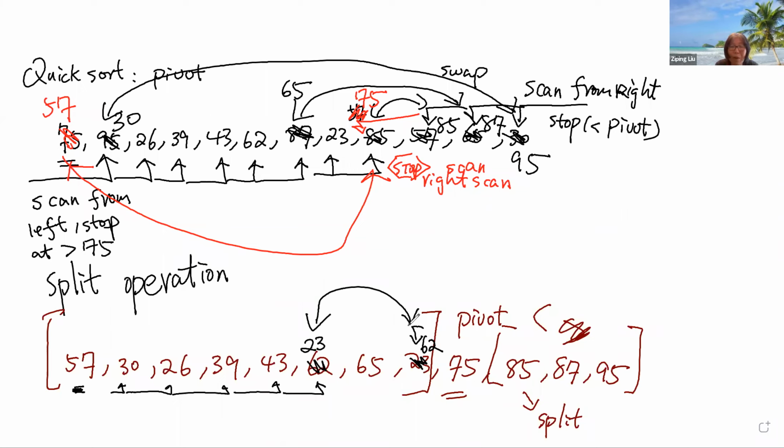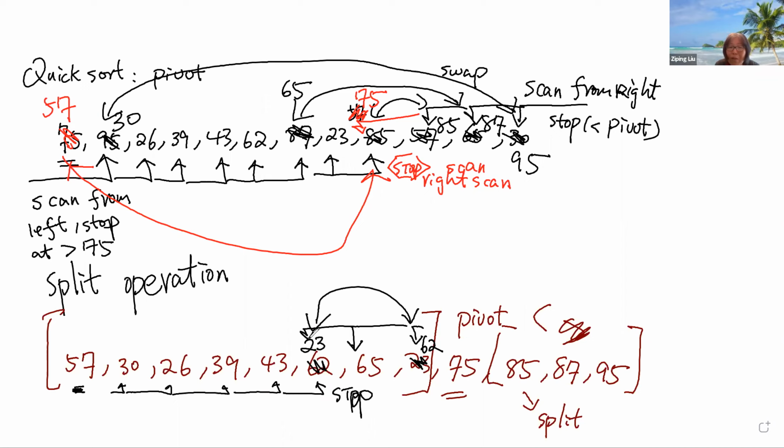Then I resume the right scan. It's greater, so I shouldn't stop, and I keep scanning until I meet the left scan. So I should stop here.